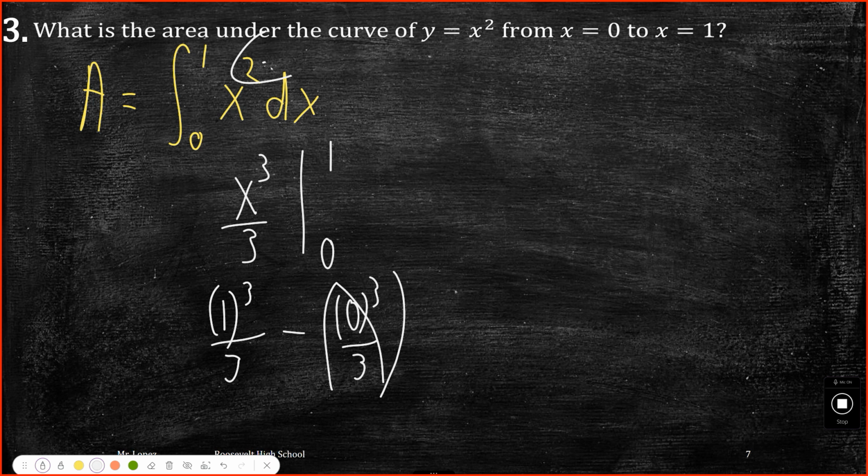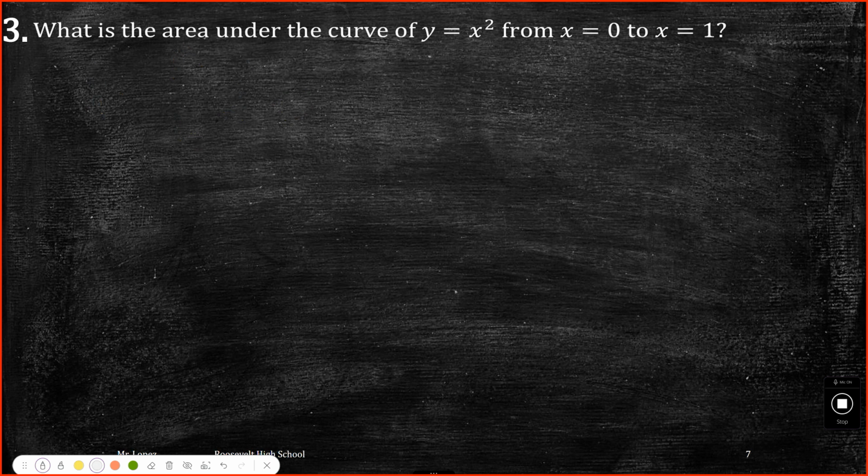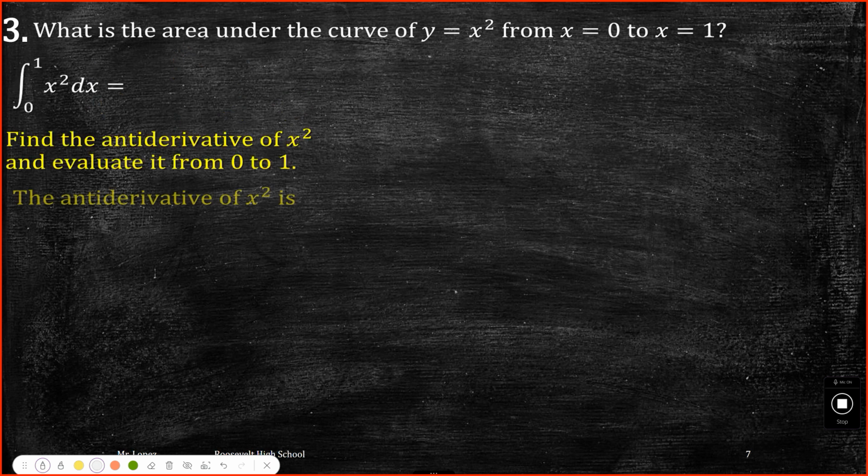So 1 to the 3rd power, what's 1 to the 3rd power? 1, so it's 1/3, and that is the exact area under the curve.